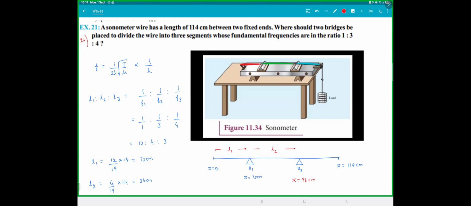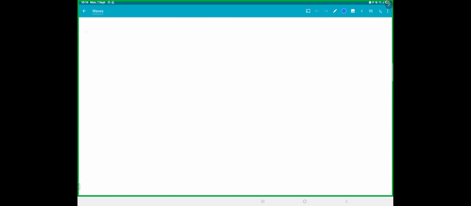Easy? Let's see one more. Let's say we have a composite string. This is fixed here. This is 9 mu, length is L. This is 4 mu, length is L. This is the interface.